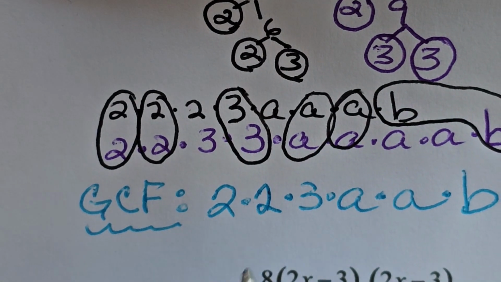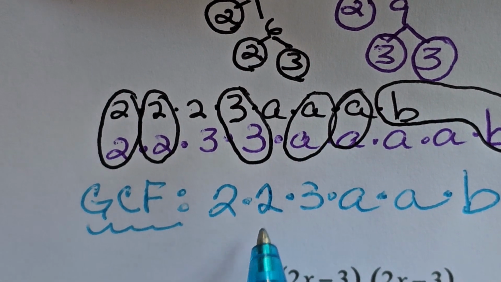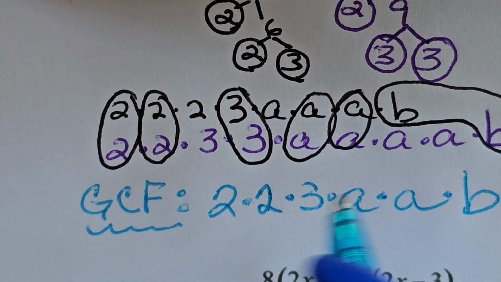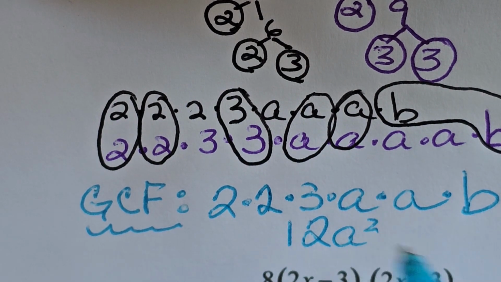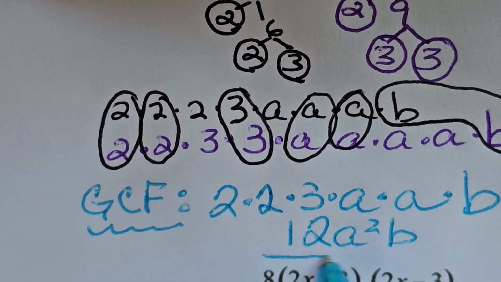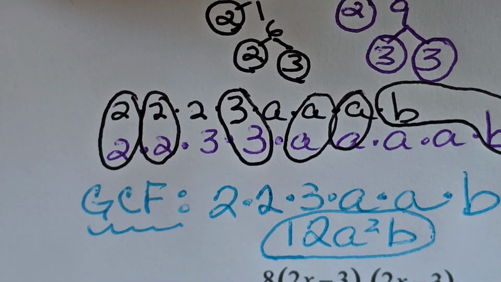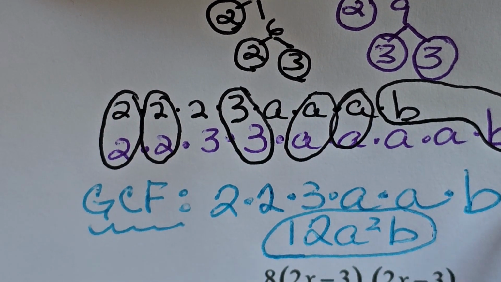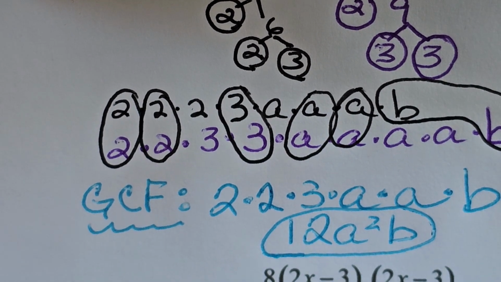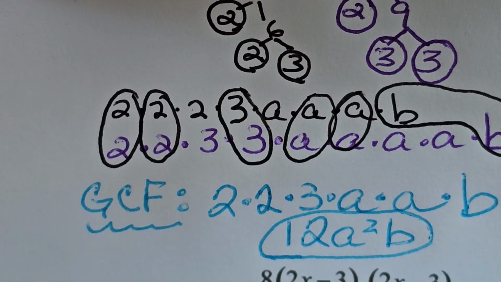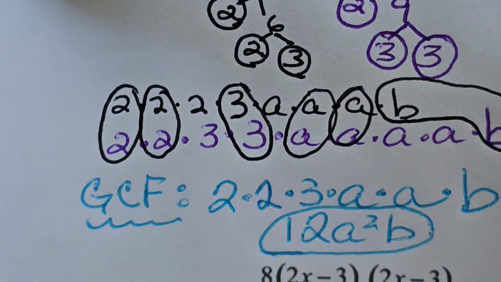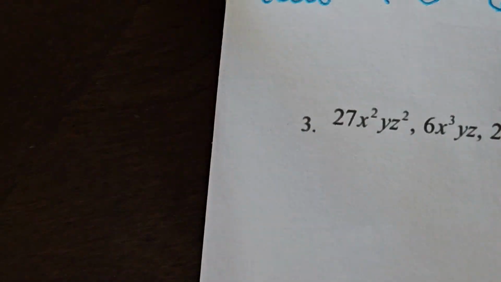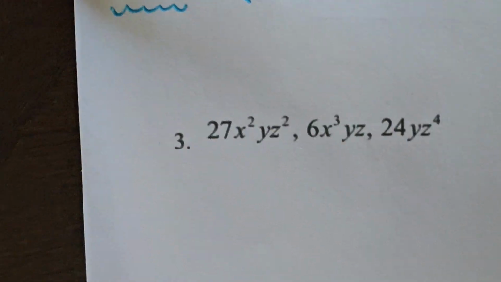So 2 times 2 is 4, times 3 is 12. A times A is A squared times B. So my greatest common factor, it's going to run off the page over here for you, but is 12A squared B. Okay? So, perfect. Let's go ahead and move on to number 3.